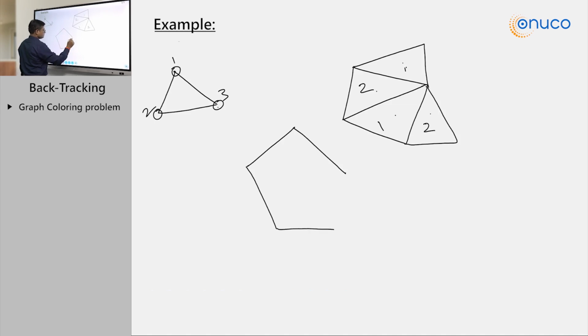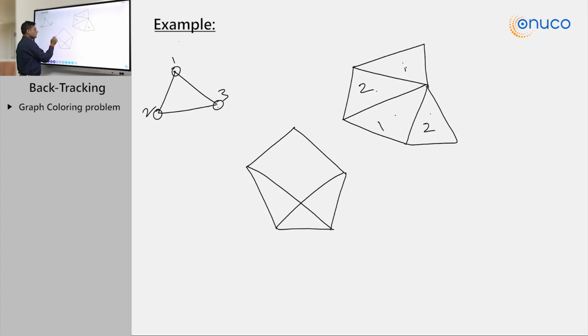Similarly, say here we have a pentagon. Now I am going to discuss degree as well. If you go and see the degree of this node, what is the degree of this node? 2.